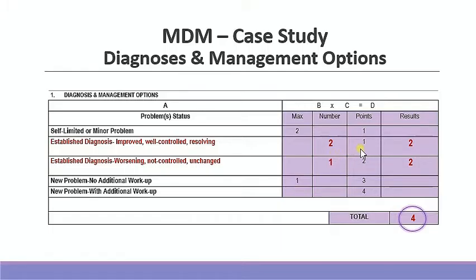Under the unchanged or uncontrolled problems, we had 1 problem, which is worth 2 points, and that also gives us a total of 2. The numbers that are in the results column are totaled to give you the total number of points, and in this case study, we have reached 4 points, which is the maximum under the diagnosis and management options.